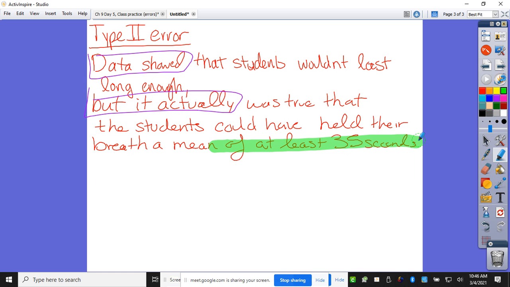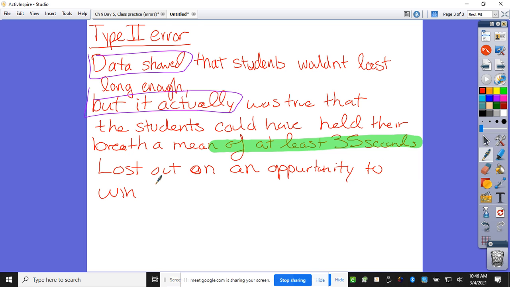So what would our consequence be here? Did you lose $1 million? So lost out on opportunity. Or lost out on an opportunity seems like it's still an option.